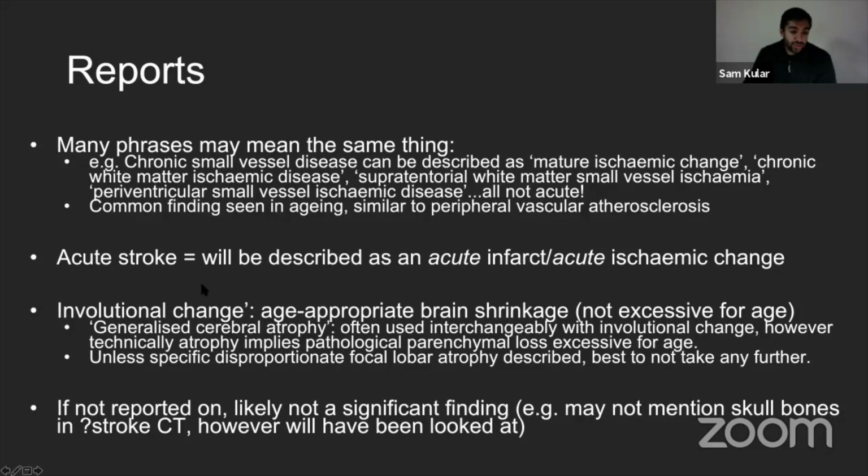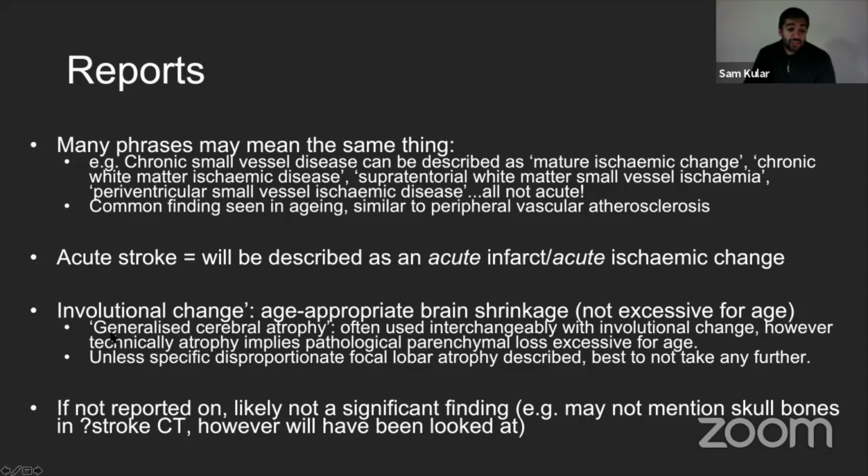And also involutional change, which we see in reports, is referring to an age-appropriate shrinking of the brain. As we get older, our brains get slightly smaller in all of us, and it's not necessarily excessive for age. So everyone has an amount that's appropriate.